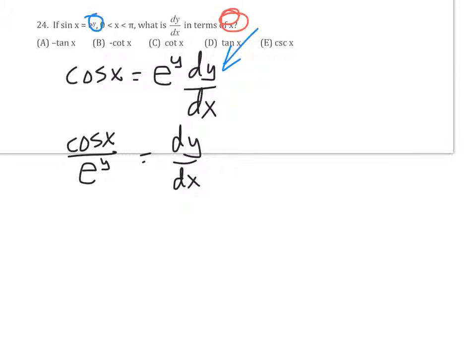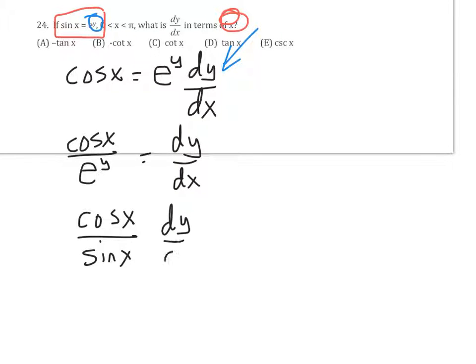How do we get e to the y in terms of x? Well, we recall the very first thing here, sine of x equals e to the y. So dy dx equals cosine x over sine x, which is going to be cotangent x. Good to go.